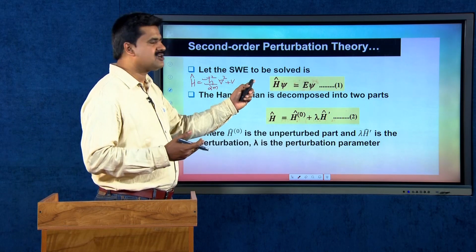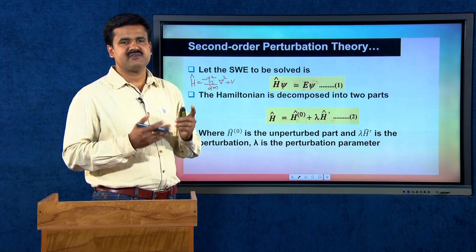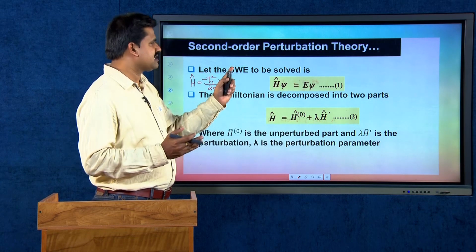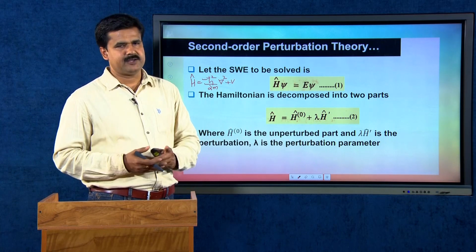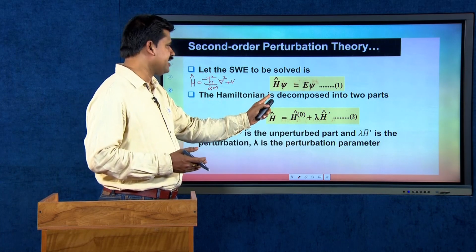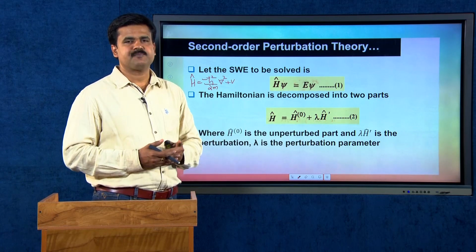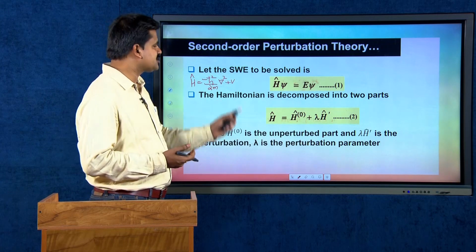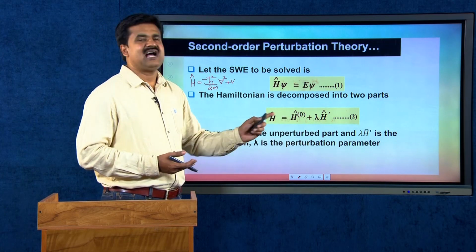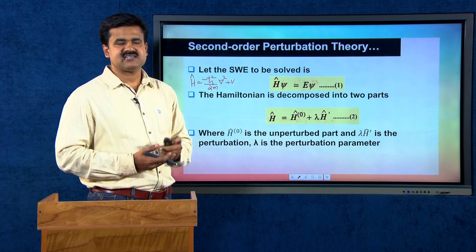So, we start from the time independent Schrodinger wave equation. This is the Schrodinger wave equation of the system to be solved, and the Hamiltonian H hat present in the system can be broken into two parts. The first part is H hat 0 and the second part is lambda H hat dash.